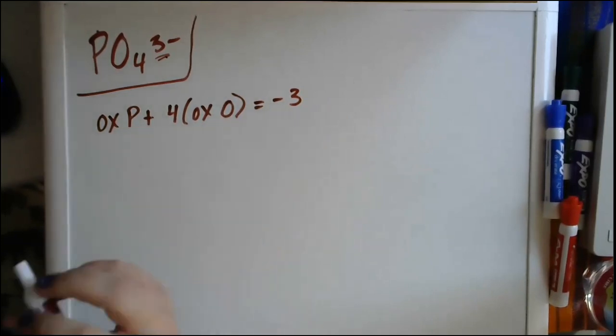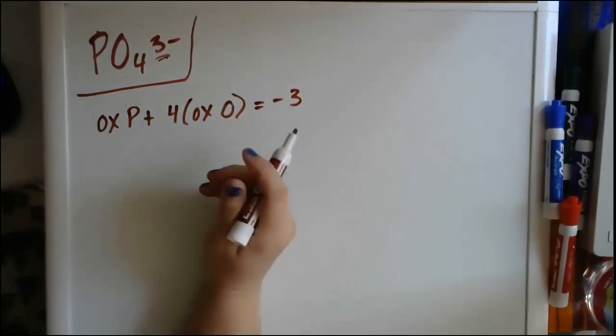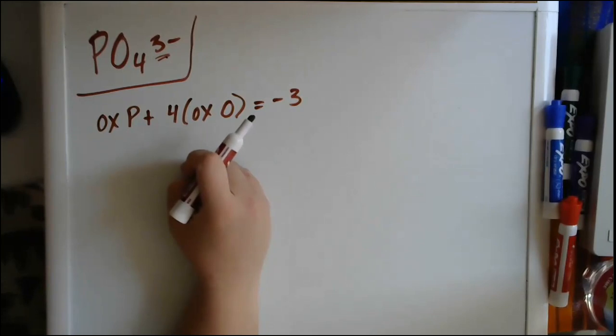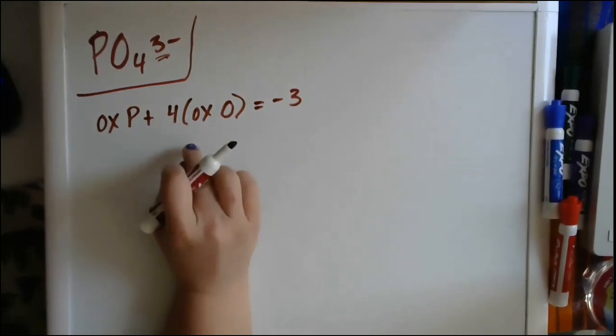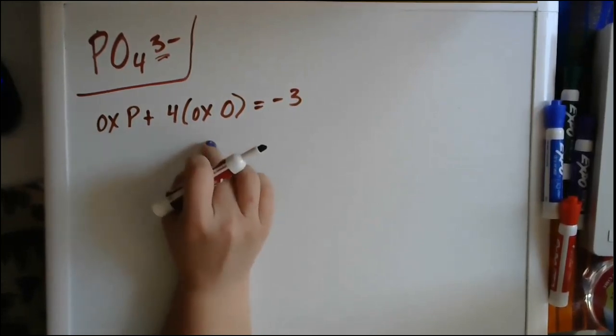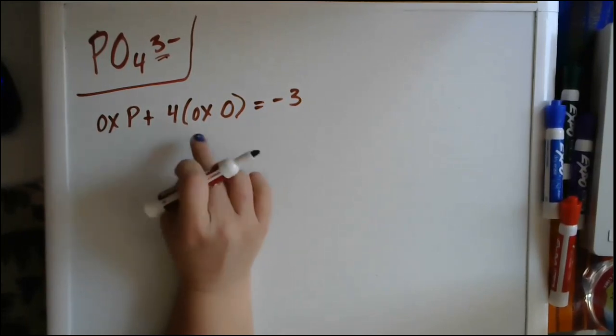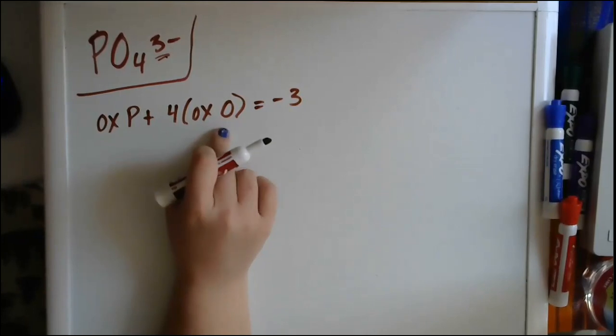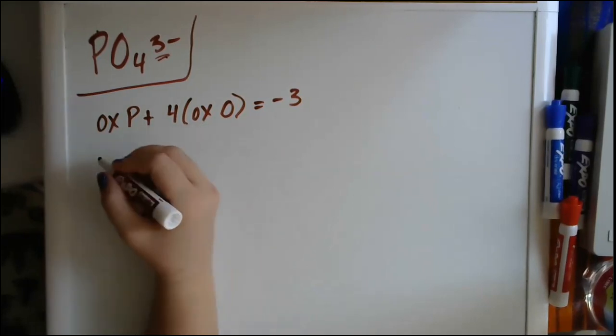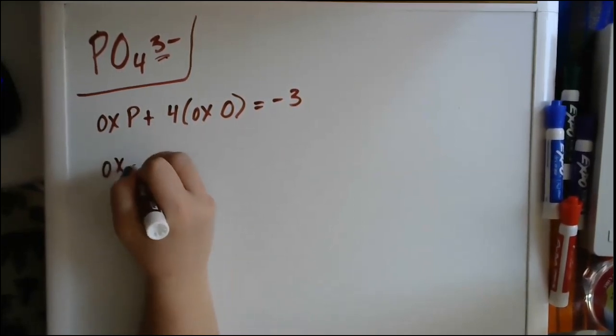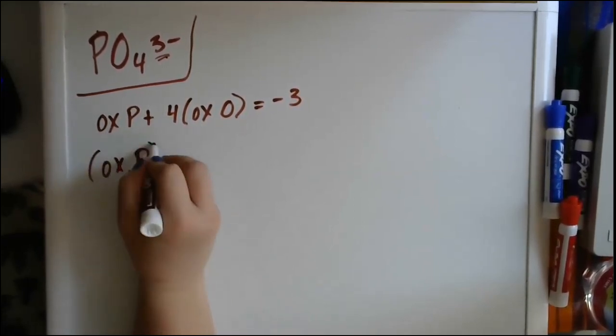Now, from my list of rules, I can determine one out of 2 of these. I have a rule for oxygen. I don't have a rule for phosphorus, but I do know that according to that list of rules, the oxidation state of oxygen is -2 if no other rule contradicts that. So I don't know what my oxidation state of phosphorus is, so I'll leave that alone for now.